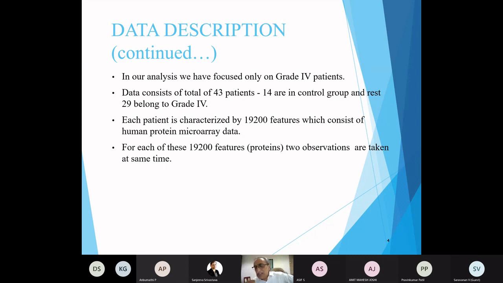It is easy to see that p, which is 19,200, is much larger than n, which is 43. This type of data, where p is much larger than n, is regarded as big data. That is one of the definitions of big data.